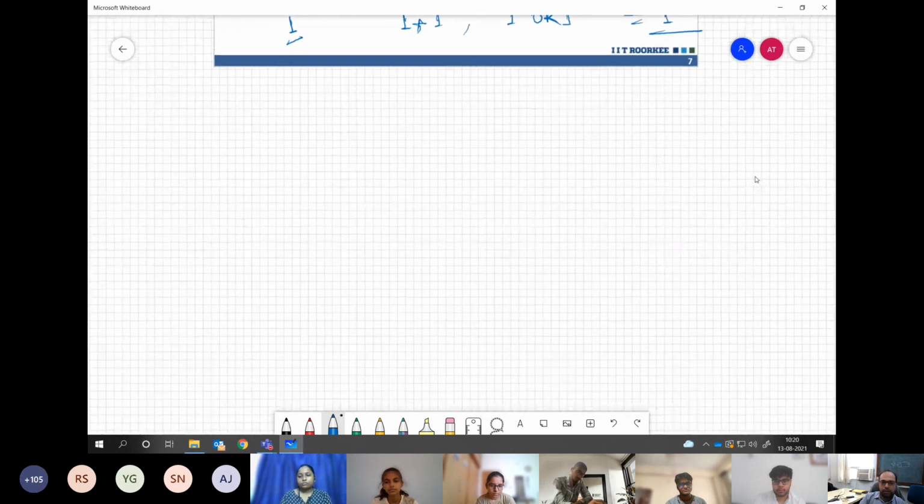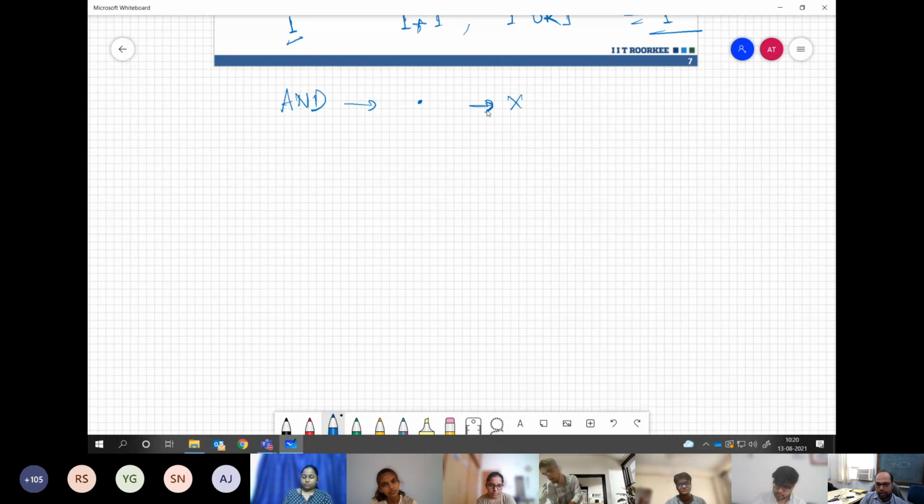The next operation, which we call AND, is also sometimes seen as product, dot or cross, whatever you can give. Here we are not dealing with vectors, so any representation is fine.